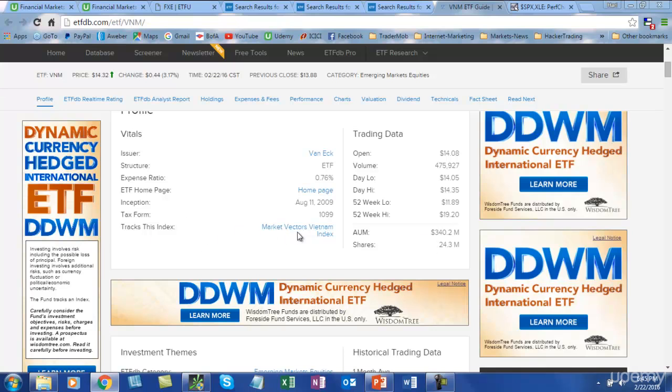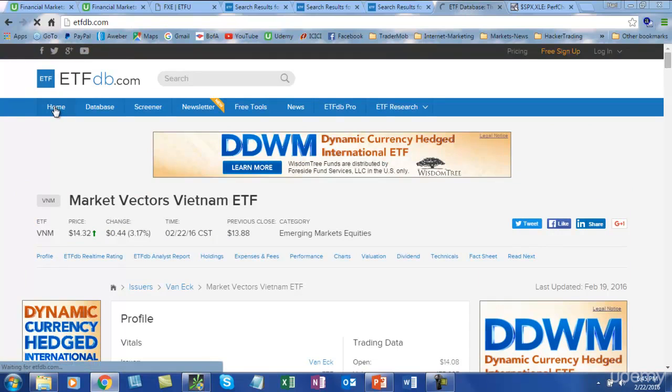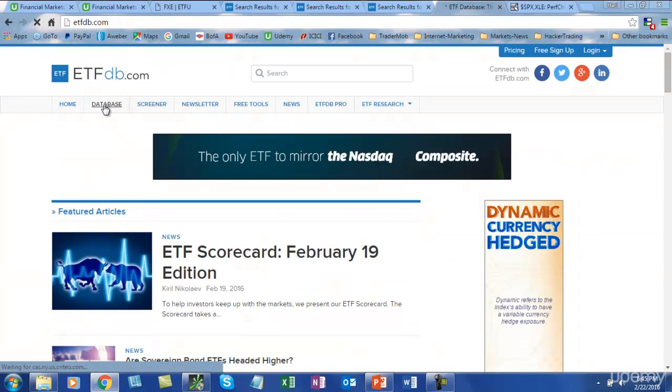And it tracks the Market Vectors Vietnam index. So if you wanted to get exposure to Vietnam, all you need to do is come here and buy the VNM just like you would buy a stock, or you can buy some options on them. There's various other things you can do, but basically this is how you can get exposure to any corner of the world by targeting some kind of ETF that is targeting that sector.